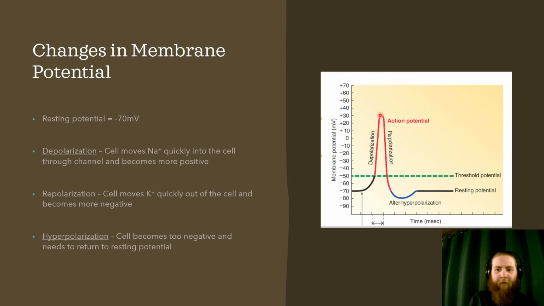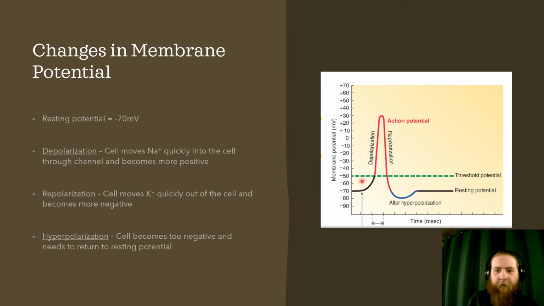When that happens, those potassium channels are going to open up, and we are going to repolarize. We're going to get more negative really, really quickly. In fact, it happens so quickly that our cell overshoots and causes this hyperpolarization where it becomes too negative. And then it needs to pump some of those potassium out to get back up to resting potential.